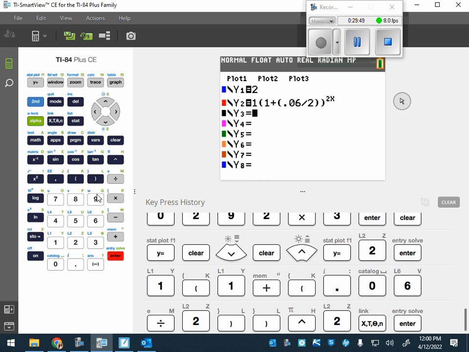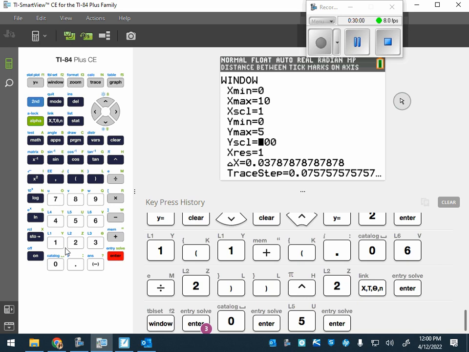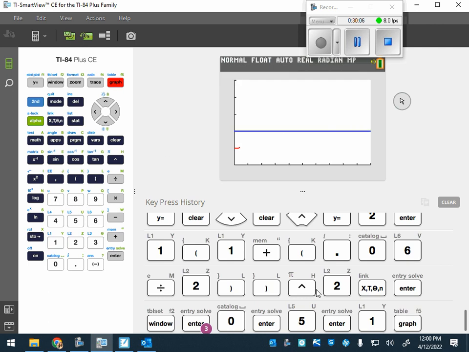So, some of you will probably still have the window set as is. I'm going to do 0, 10, and then 0.5 is $1 because we're talking about $1 and $2 amounts, and then hit graph.